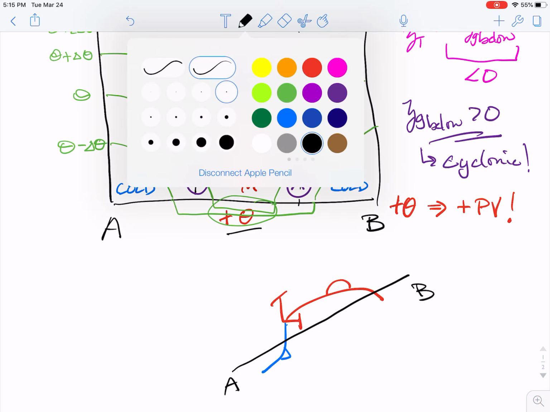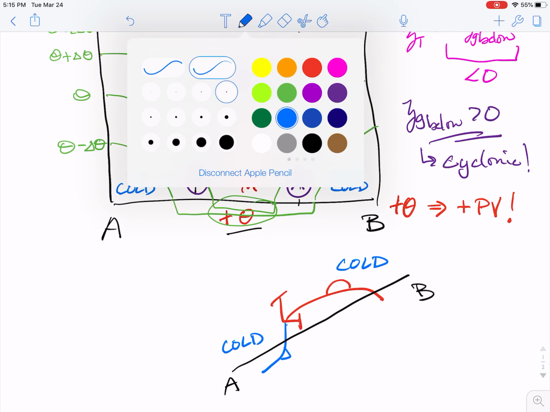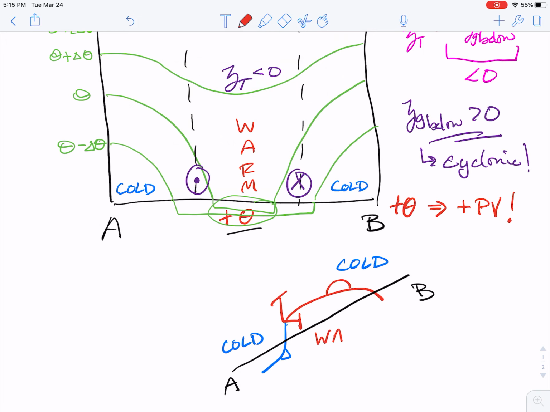And knowing our typical northern hemispheric cyclones, we know that we have cold air behind our cold front, cold air ahead of our warm front, maybe slightly different than the cold air behind our cold front, and our warm air within the warm sector of the cyclone.